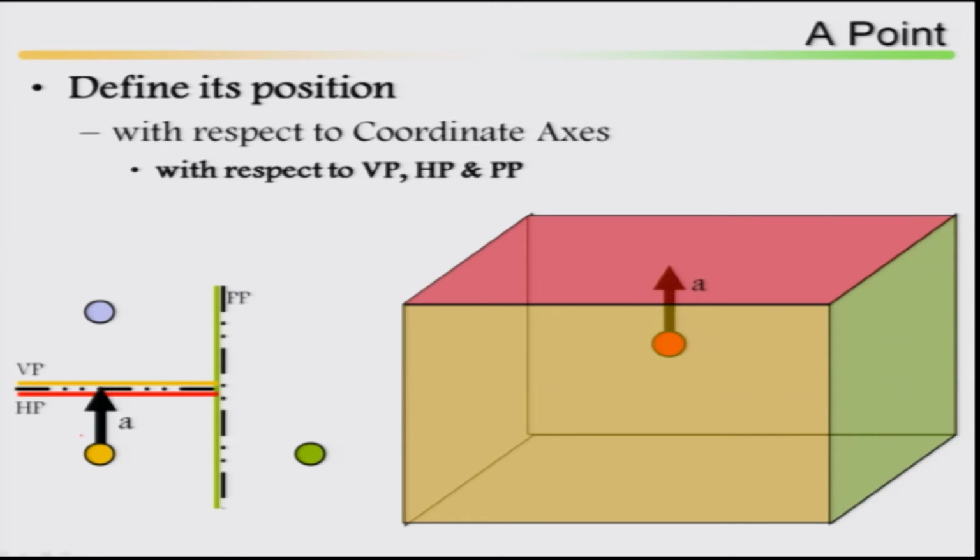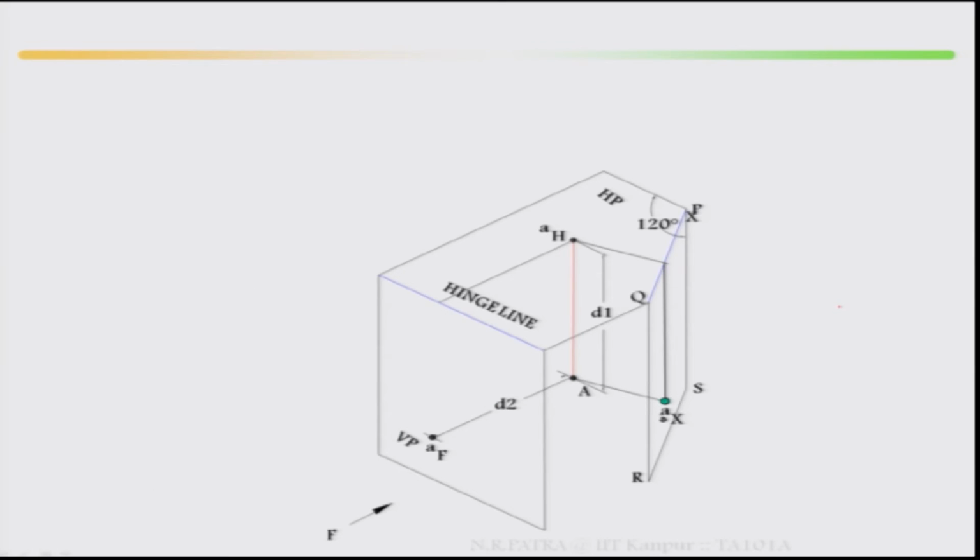Then take the points A, B, C. These are the points marked in your front, top and profile views. Now, come to the next part: look at this hinge line and the concept of distance D. This is your front view, this is your horizontal plane and this is your auxiliary plane.